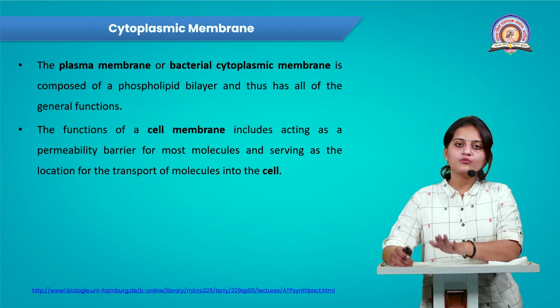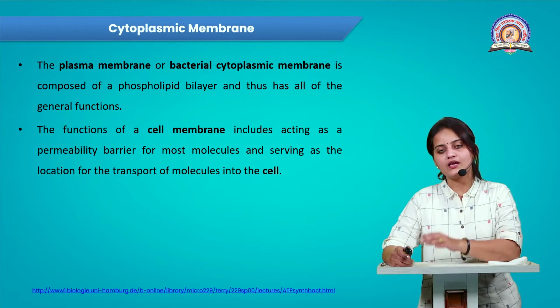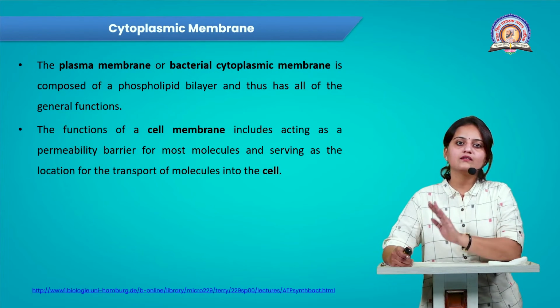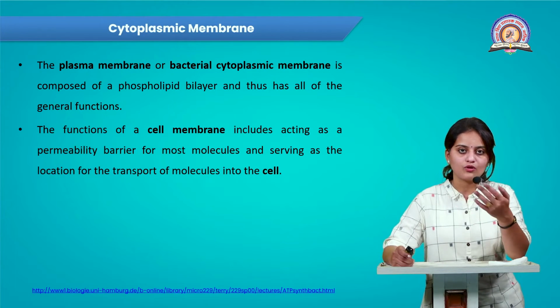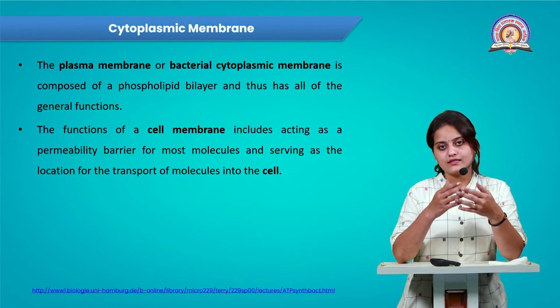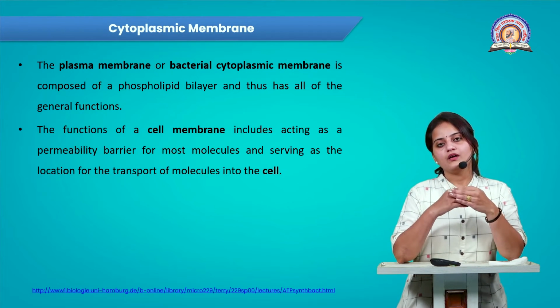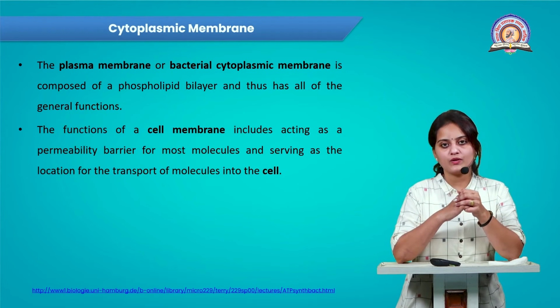Now we will move towards the cytoplasmic membrane. The cytoplasmic membrane is exactly beneath the cell wall. As we have seen in the previous structure, the outermost structure is the cell wall, and the next structure from the cell wall is the cytoplasmic membrane.